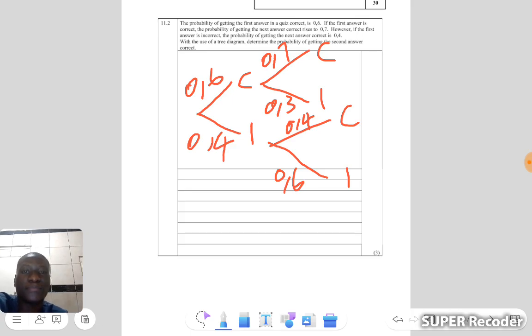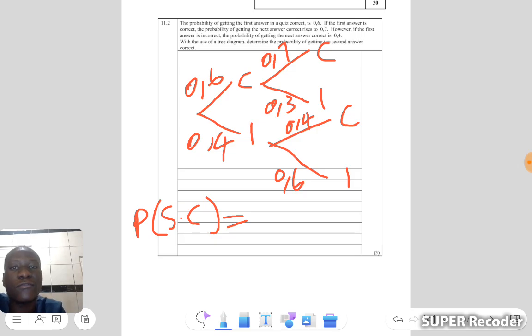So in order to find the probability, write down to determine the probability of getting the second answer correct, right? We have to multiply 0.6 times 0.7, right?